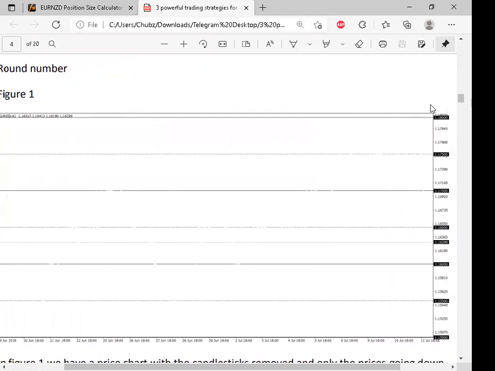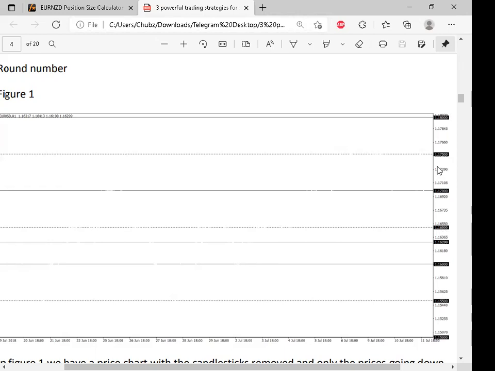Okay, so on your right hand side you can see the prices. Here it's 1.18000, 1.17500, 1.17000, 1.1650, 1.16, 1.1550. So you can see that the increments are 50.